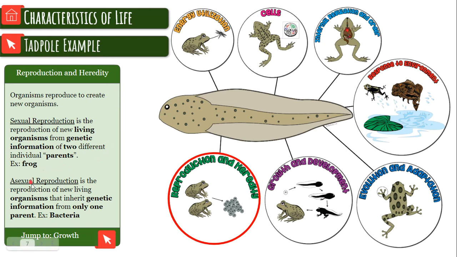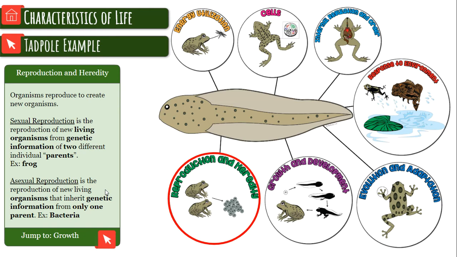The other type of reproduction is asexual reproduction, and this is the reproduction of new living organisms that inherit genetic information from only one parent. So an example of an organism that reproduces asexually would be bacteria.